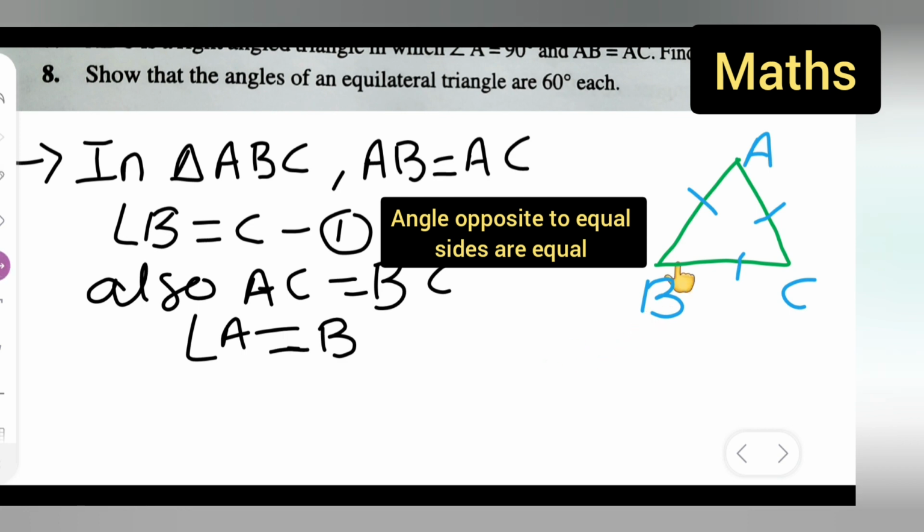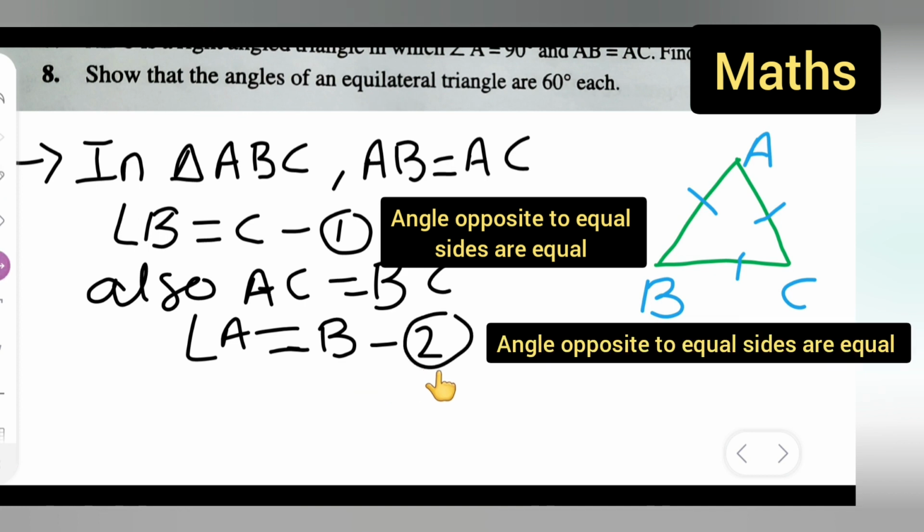If you take the sides AC and BC, since these two sides are equal, the angles are also equal. So angle A and angle B are equal. Earlier I had taken the AB and AC sides, so B and C were equal. This is your equation 2. And the reason you will write for this one is that angles opposite to equal sides are equal.